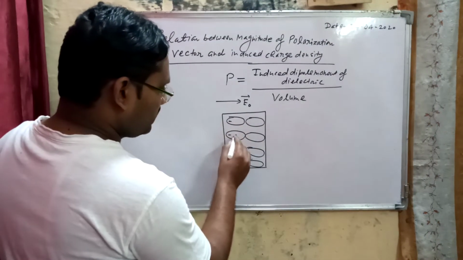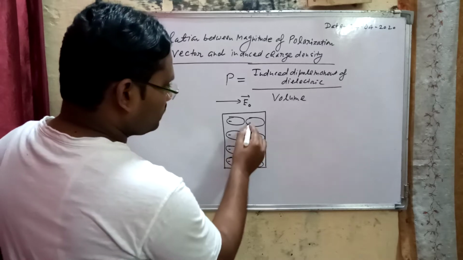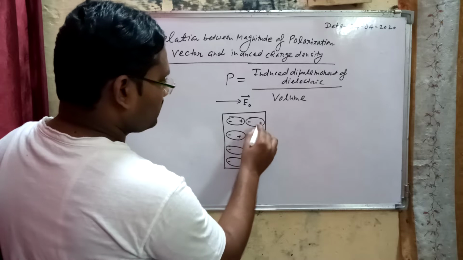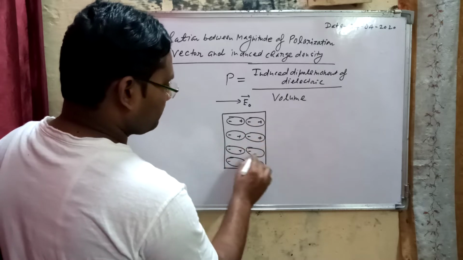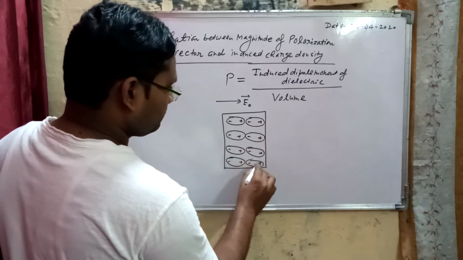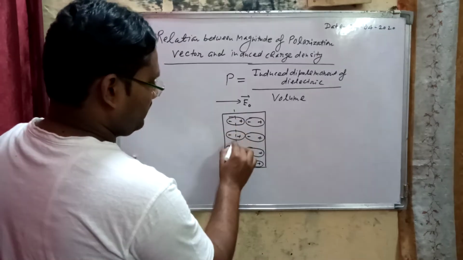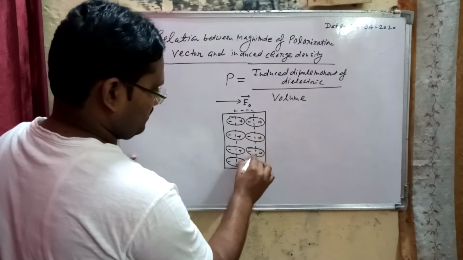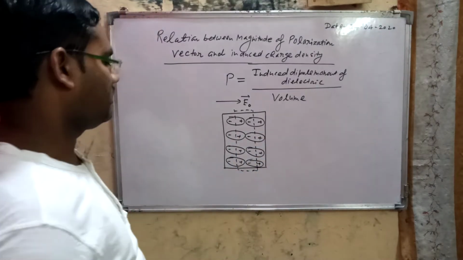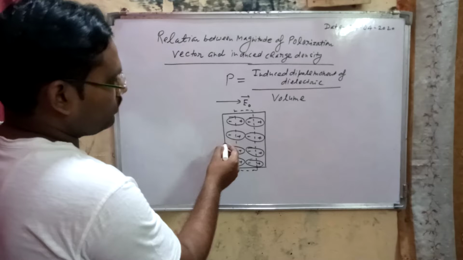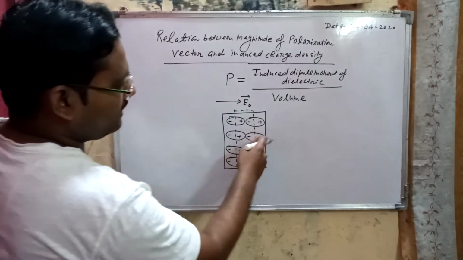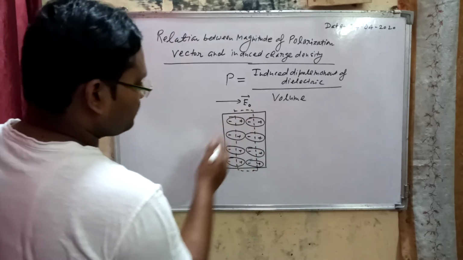That means negative charges come to the left side and the positive charges come to the right side. Now here we take this one as the block. Now here the total negative charge comes at the left side and the total positive charge comes at the right side.